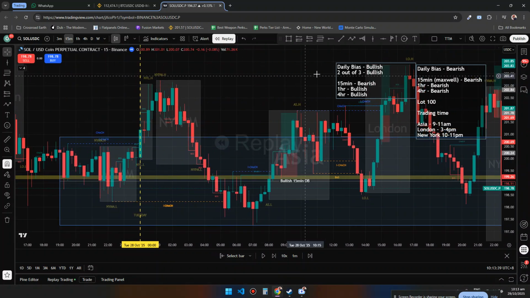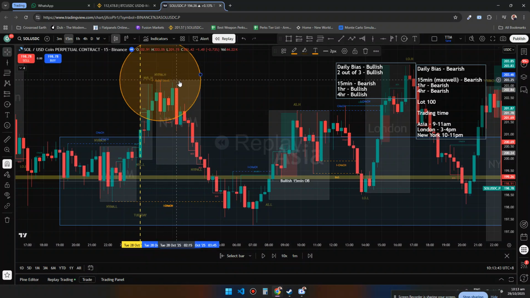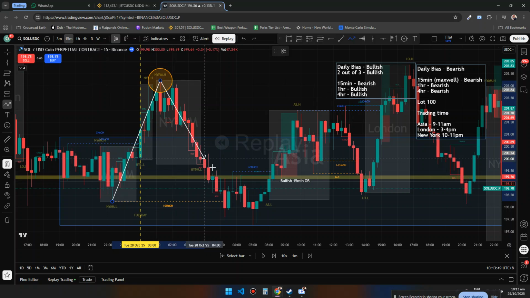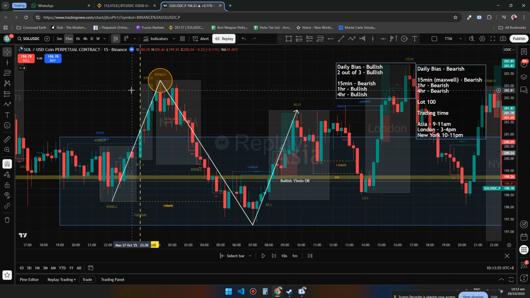So the strategy here, right, is that you can see that price actually break out of the OB like this, and then we test deeply into the OB, and then it came back up.